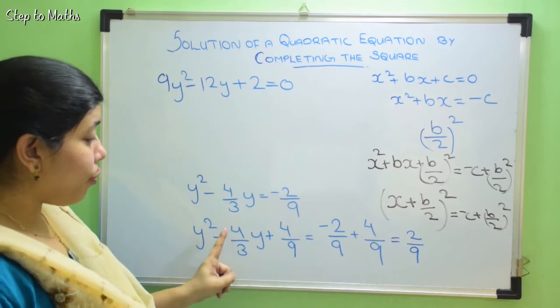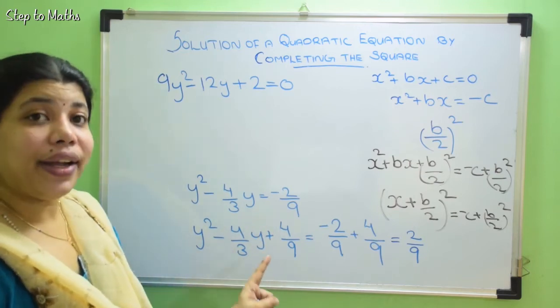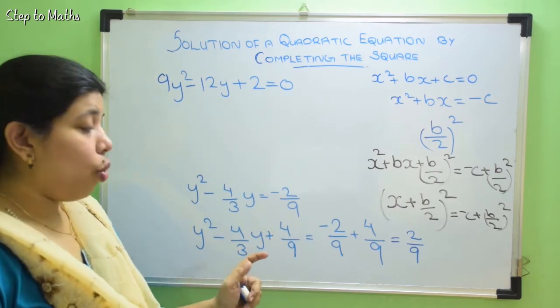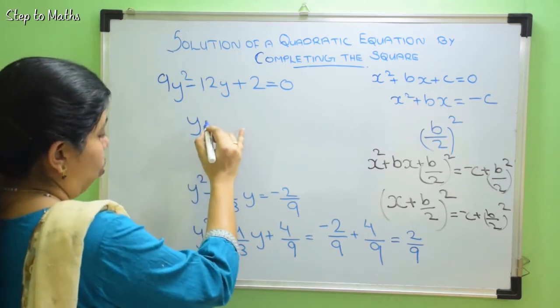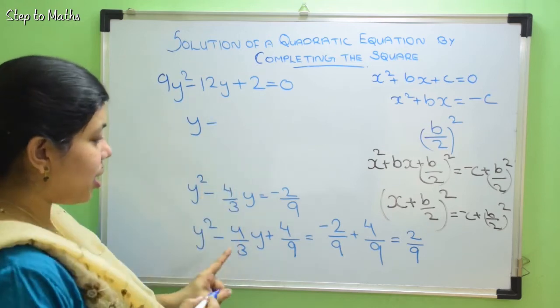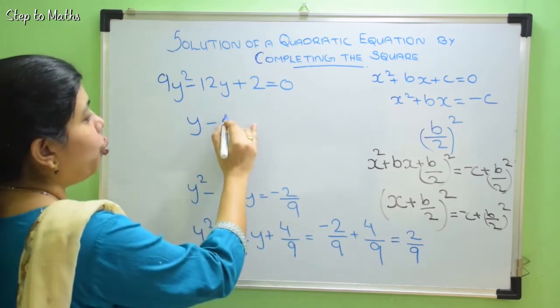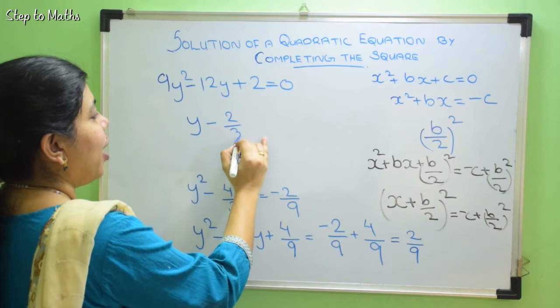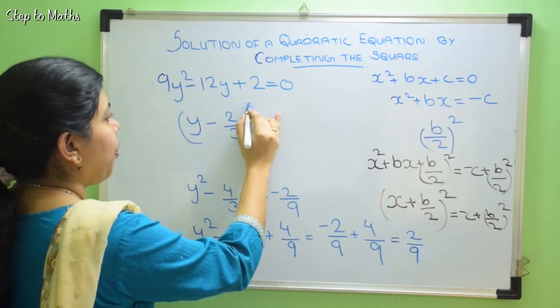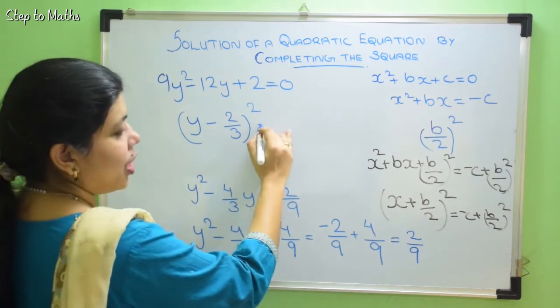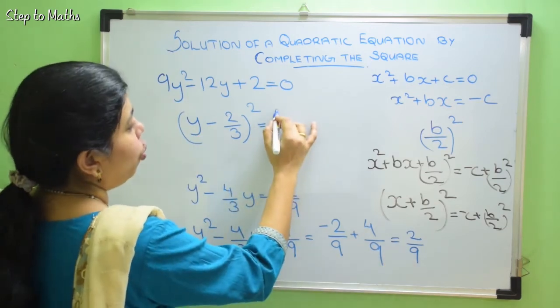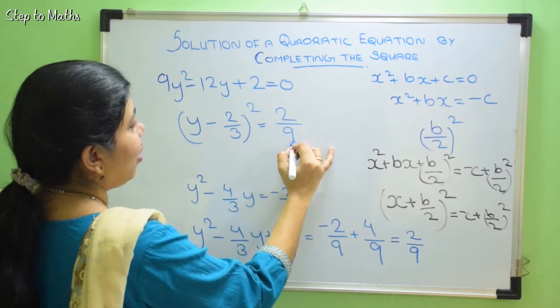y square minus 4 by 3 y plus 4 by 9. How can we represent this in square form? (y minus 2 by 3) square. (y minus 2 by 3) square is equal to 2 by 9.